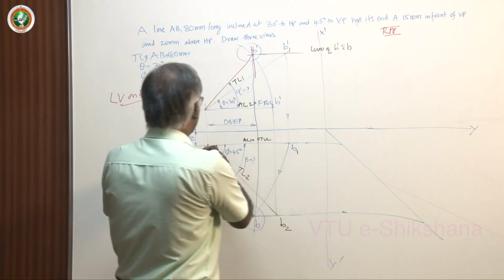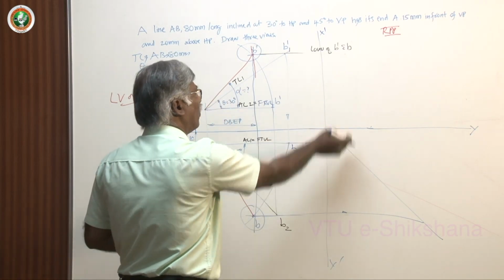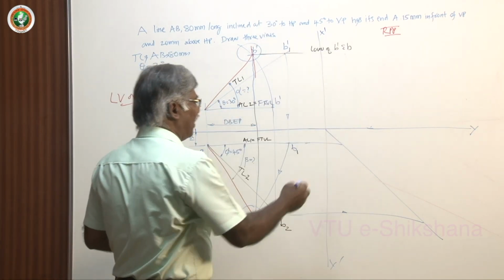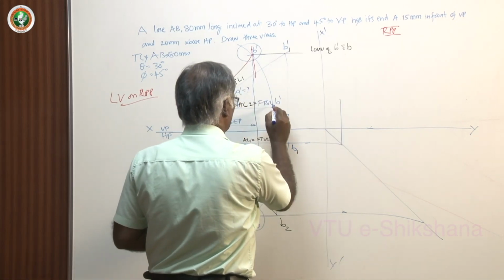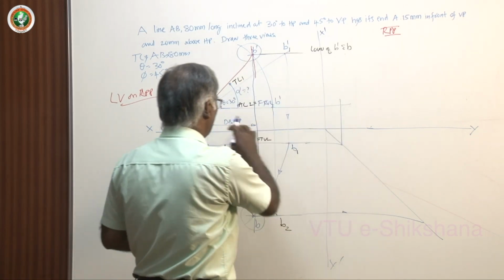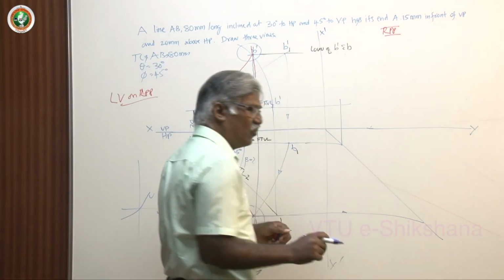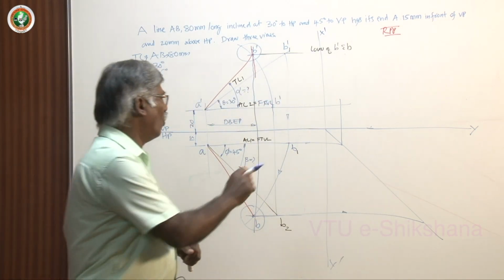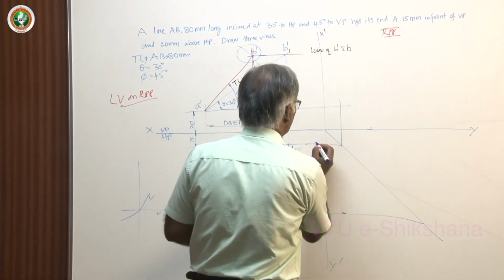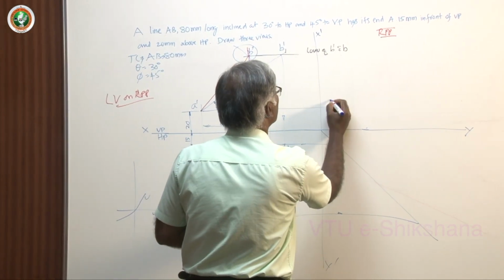Now, where is A? A is very close to the XY line. Don't project unnecessarily up. You can judge simply and stop somewhere here and then get the intersection. Otherwise, using a computer, use the alignment indicator and then move and get the exact point. See, this is how you do it. This is A double dash.